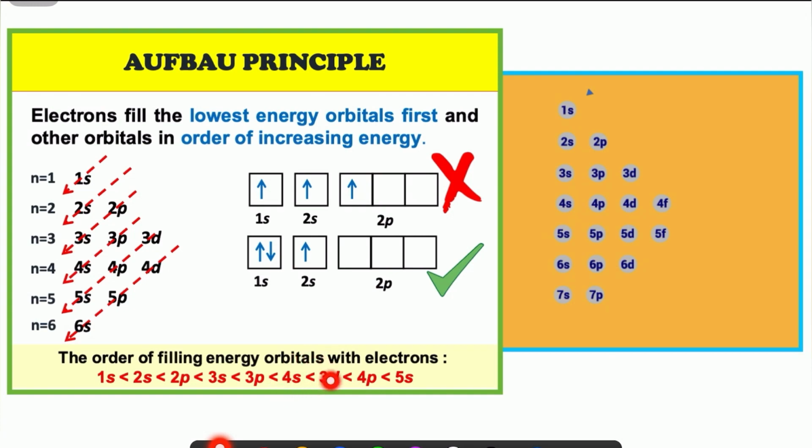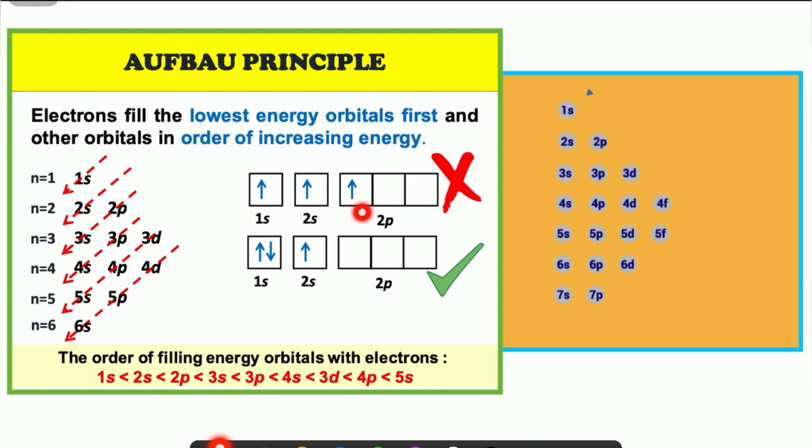Later on, I will explain why it happens. Next, you can see that 4p has higher energy compared to the 3d, and the same for the 5s. Alright, so it gives you two examples, which is the first orbital diagram.